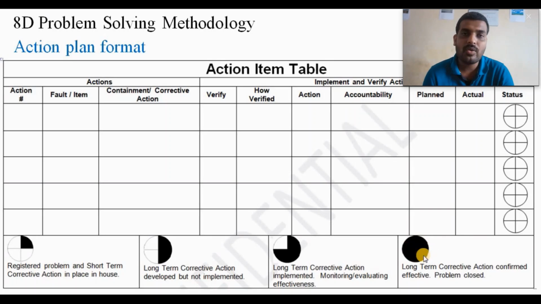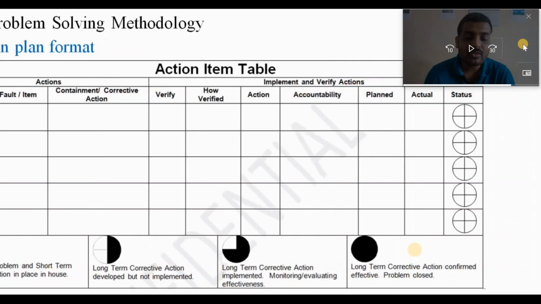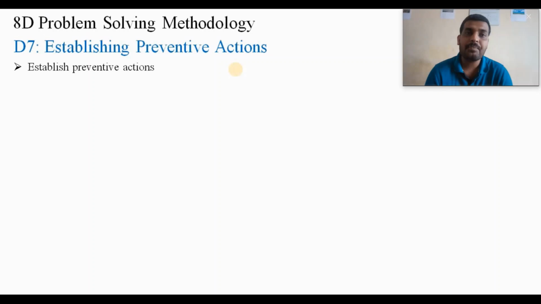Now we will move to the next phase of the 8D report, that is D7, establishing preventive actions. The occurrence of comparable problems in other businesses or production processes and products due to the identified root cause must be prevented with the review and update of the documentation.